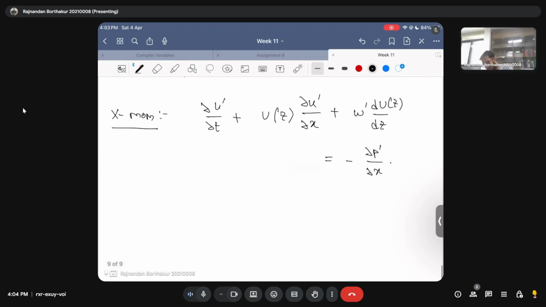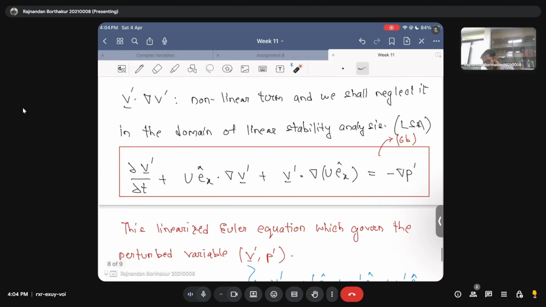Similarly, for the y momentum equation, you will get del v prime by del t. That's obvious. In the y momentum you are not going to have the term with the gradient of u, because that term is just a vector pointing along the x direction, so in the y direction it is simply equal to 0.